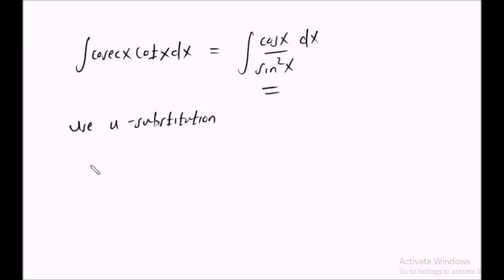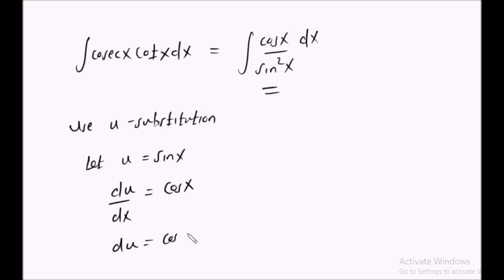So I'm going to say let u ni sasa na sin x. Kwa hiyo ukiona cos over sin, let u sasa na sin x. Ukiona sin over cos, let u sasa na cos x. So du dx itakuwa ni sasa na cos x. Kwa hiyo kumbe du ni sasa na cos x dx. So hapa kwenye cos x dx naweka du, alafu hapa kwenye sin x naweka u, kwa hiyo inakuwa ni u squared.